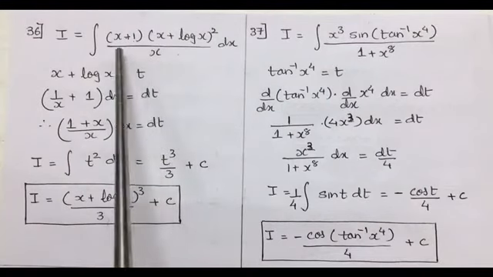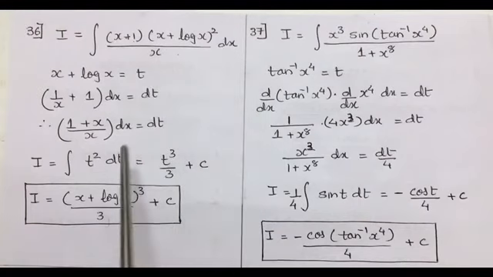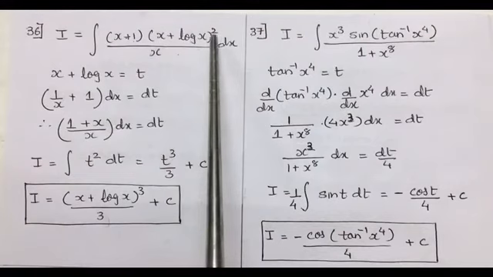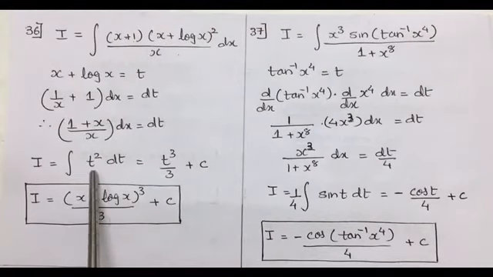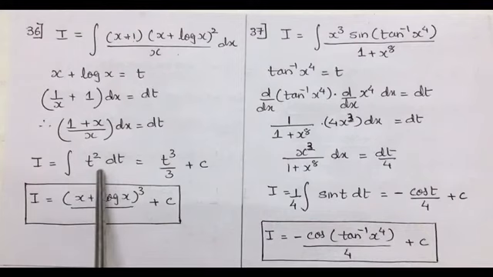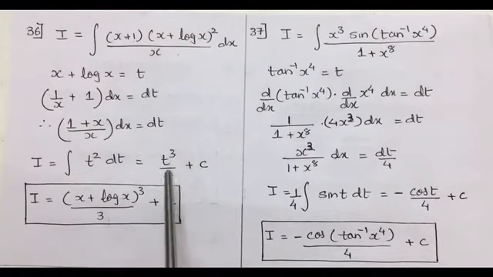So replacing them by dt, and in the place of (x plus log x) whole square we write t square. So after substitution the integration becomes I is equal to integration t square dt. Now integration of t square is t cube by 3 plus c.